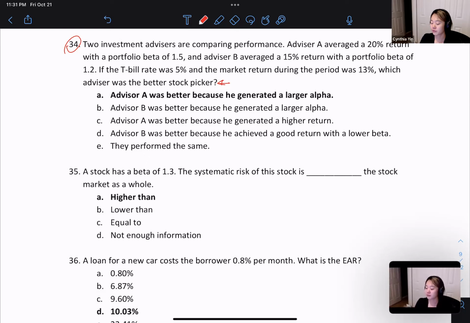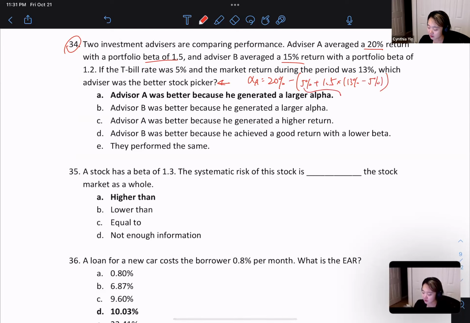So let's see. You should not directly compare advisor A's return and advisor B's return, because you have to adjust for the market risk. Let's see alpha. Advisor A's alpha equals 20% minus the risk-free rate 5% plus 1.5, its portfolio beta, times 13% minus 5%.